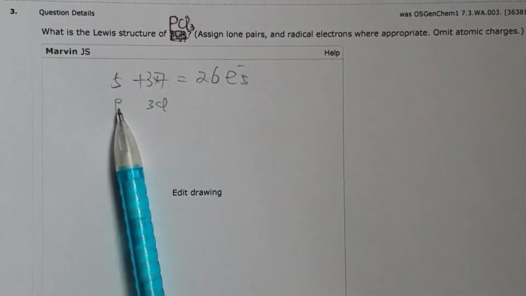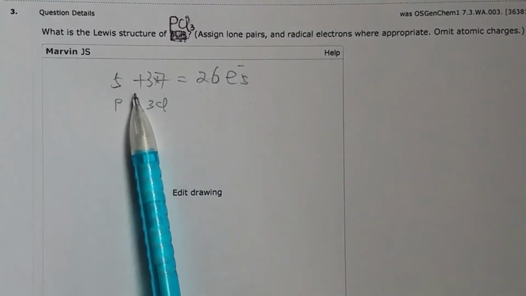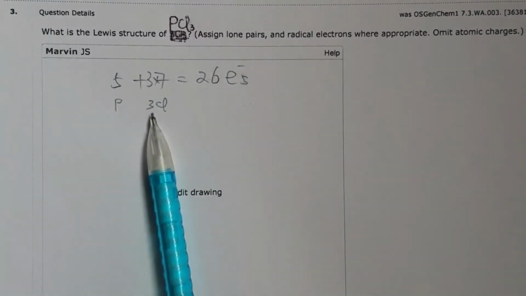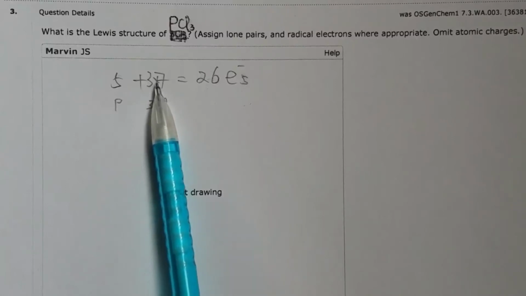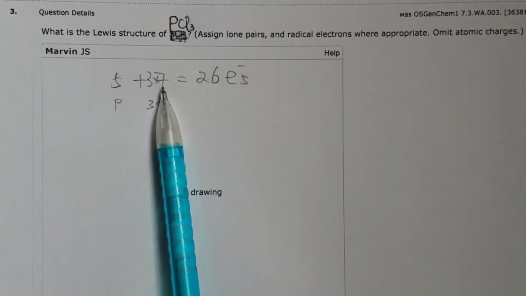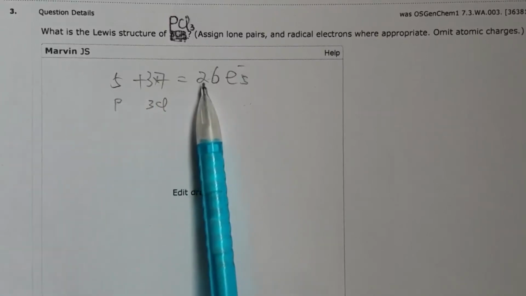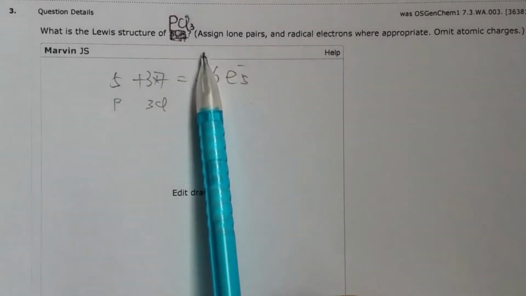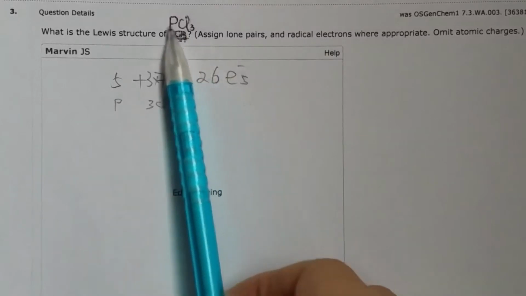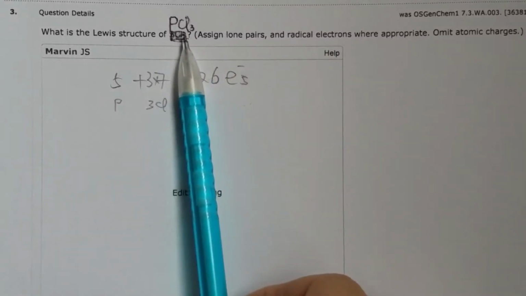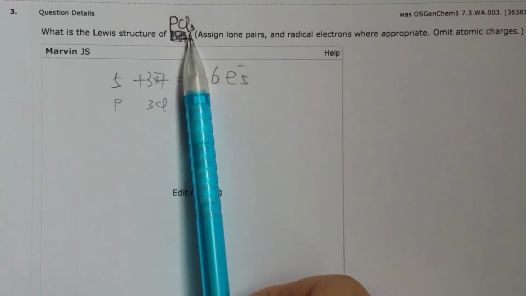Therefore, 1 phosphorus, that's 5 electrons, and then 3 chlorine, each has 7. So that's 3 times 7, that's 21 plus 5, 26 valence electrons in the phosphorus trichloride molecule.